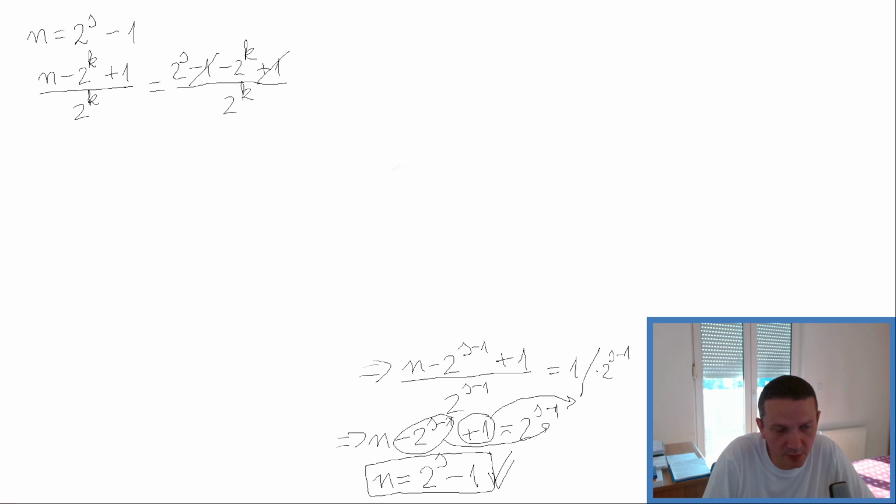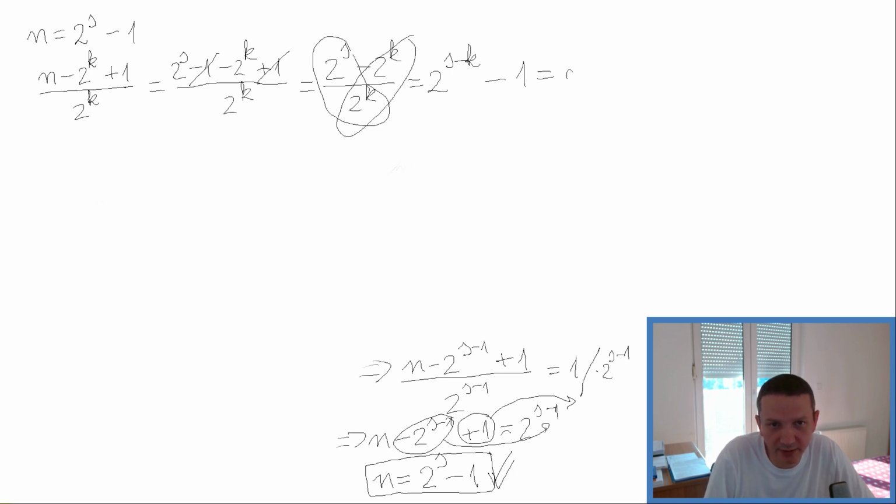So minus 1 and plus 1 we can subtract, and so this is actually 2 to the s minus 2 to the k over 2 to the k, and actually this is 2 to the s minus k obtained from this part, and minus 1 obtained from this one.